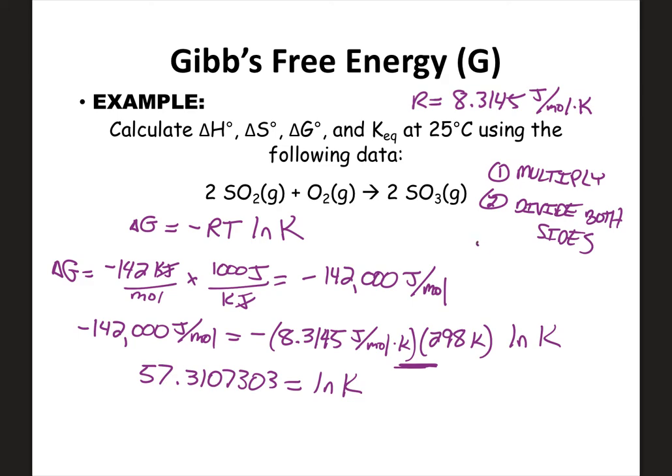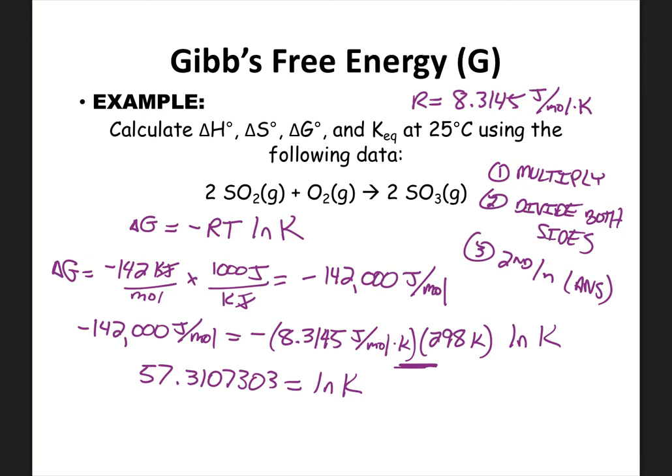So the very last thing you would need to do on your calculator is press the second ln button, and then essentially multiply that by the answer you got here, the 57.3107303. So second ln, and then multiply that by your answer.